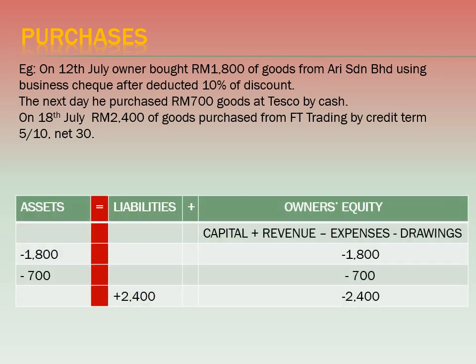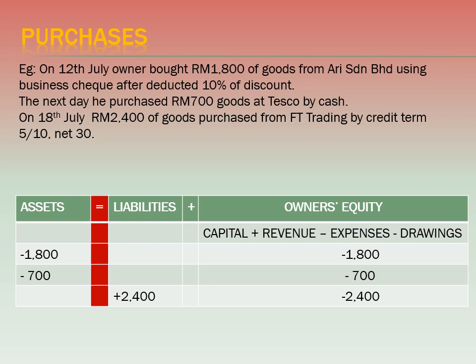Okay, then the effect on the basic accounting equation. If you use the money in the bank, of course, it will decrease the money, the assets of the business. So you will put minus 1,800 ringgit. And again, you are crossing the red line.